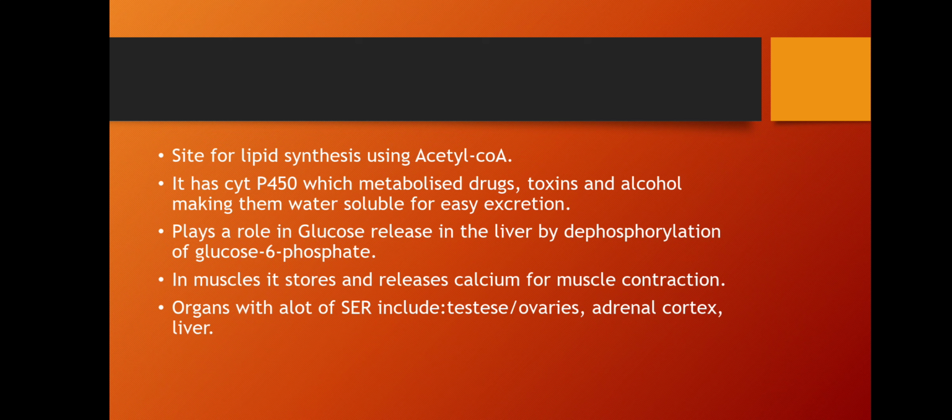What is the function of the smooth endoplasmic reticulum? It is for lipid synthesis. Remember that for the rough endoplasmic reticulum we talked about protein synthesis, but for the smooth endoplasmic reticulum we're talking about lipid synthesis, and it uses acetyl-CoA.